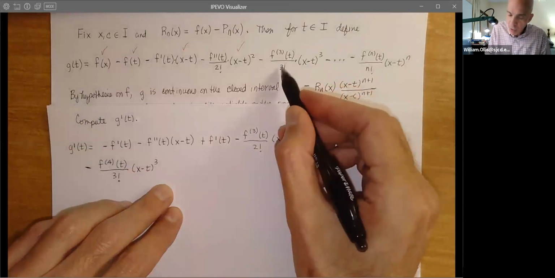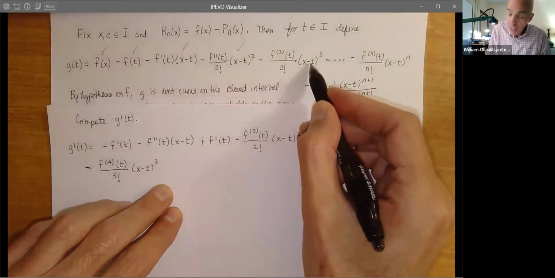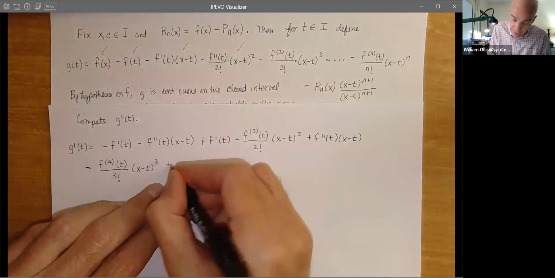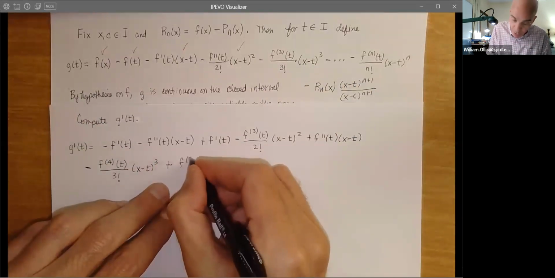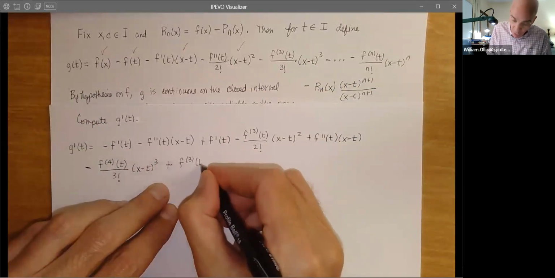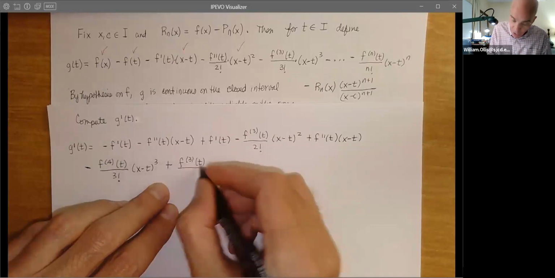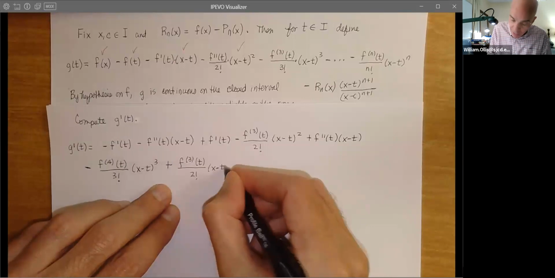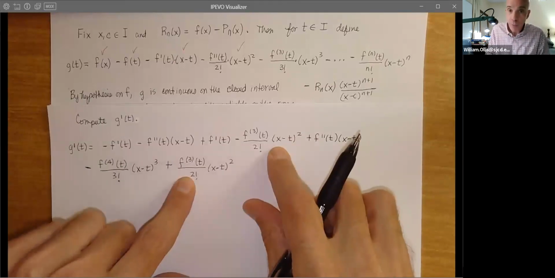When we bring the 3 down, it absorbs the 3 and we're left with 2 factorial. And then the negative here from the chain rule absorbs that. So this gives us plus 3rd derivative, leave the first term alone, but the denominator is changed to 2 factorial. And we have x minus t squared, absorb.